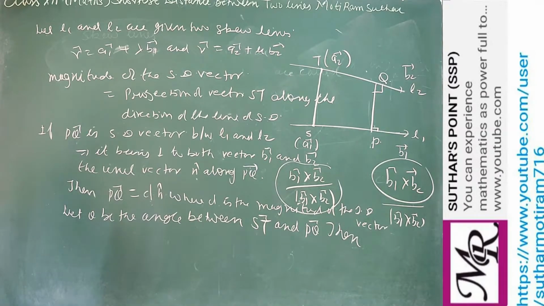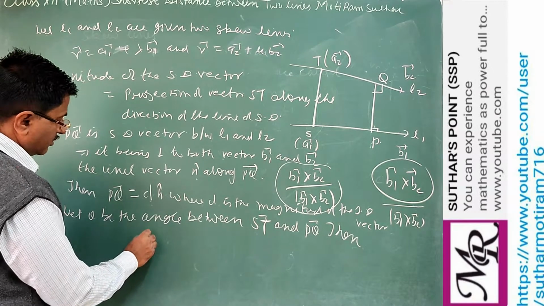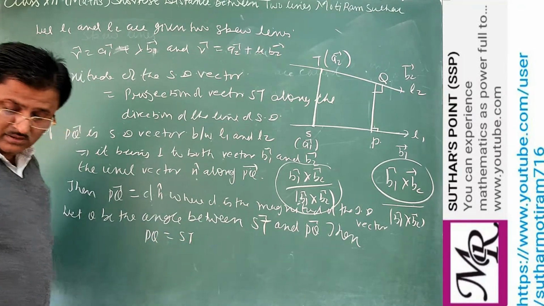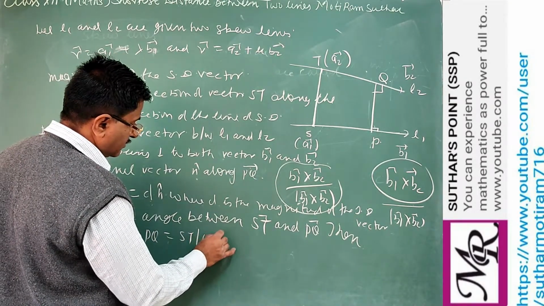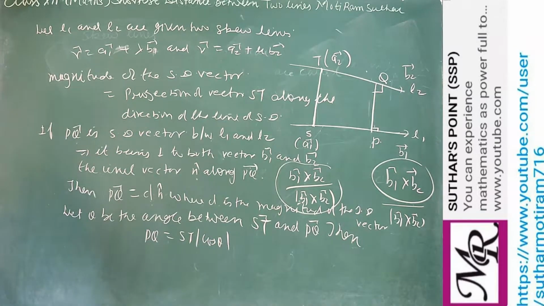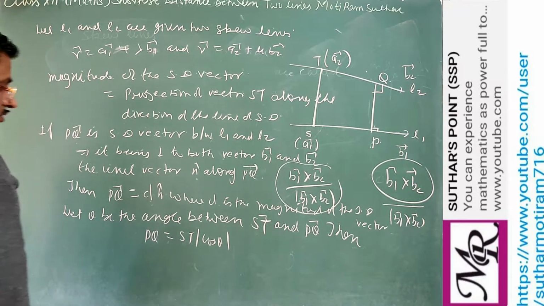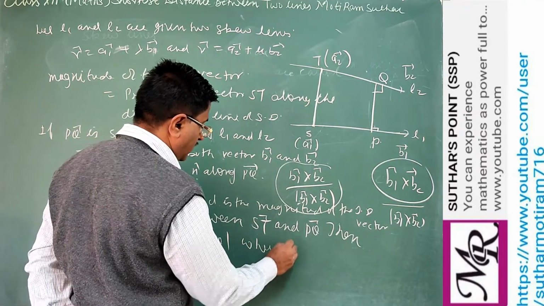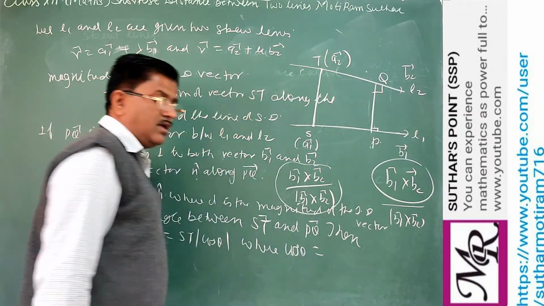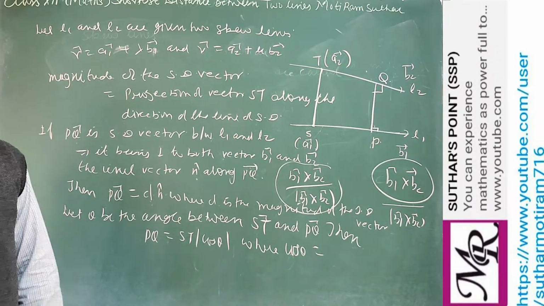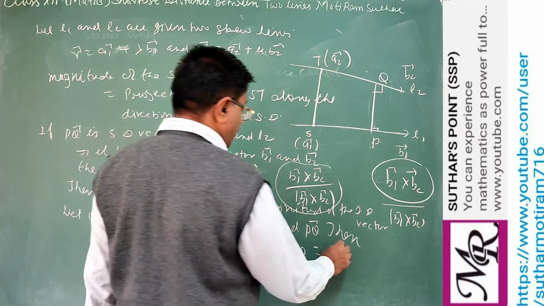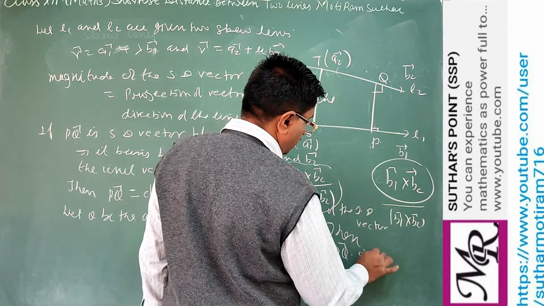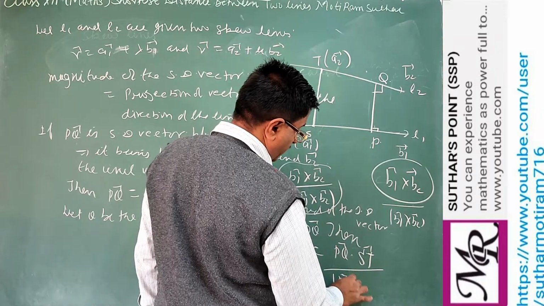We use the formula PQ equal to ST cos theta, where cos theta equal to the formula of cos theta in vectors that we already saw, that is the dot product of the vectors divided by their magnitudes.